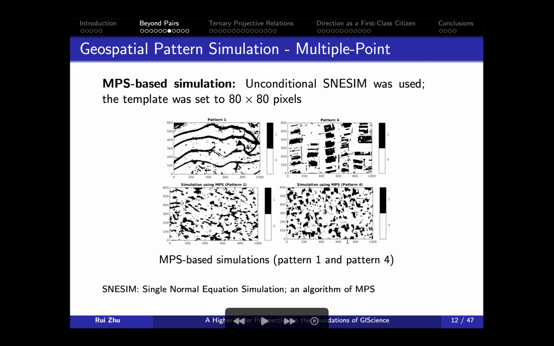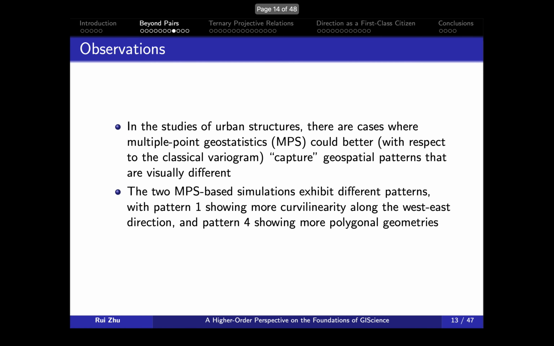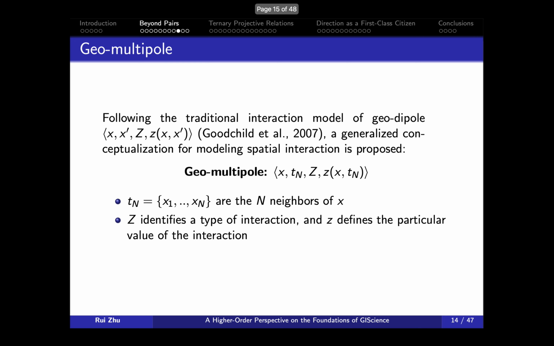The other patterns show similar observations as well. In summary, we observe that in terms of urban structures, there are cases where multiple point geostatistics could better capture geospatial patterns that are visually different with respect to the two-point statistics, such as variograms used here.